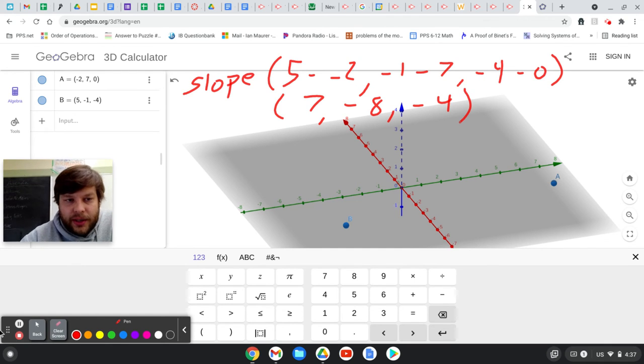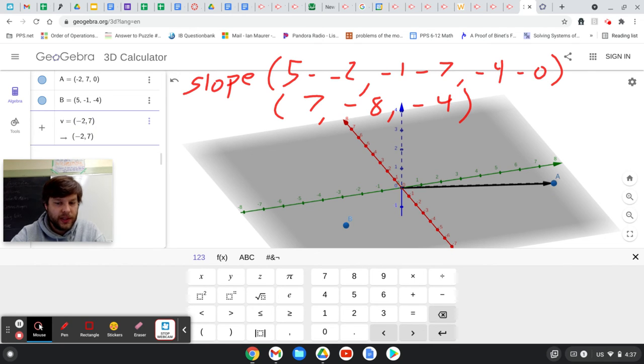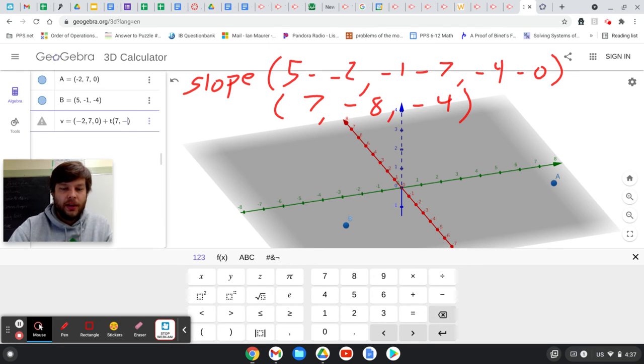If I want my vector to go from A to B, I can type it like this. V equals my A coordinates, -2, 7, 0, plus t times my direction, 7, -8, and -4, and it should work.